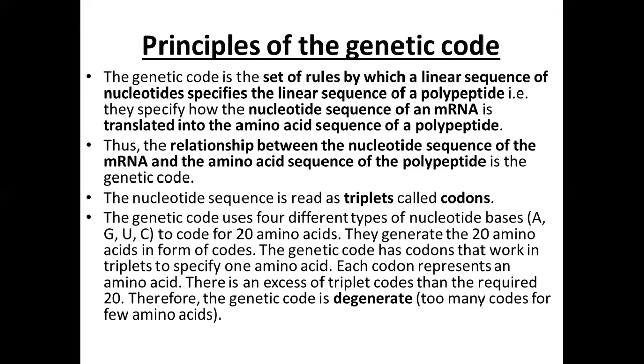So having analyzed the genetic code, and after the scientists cracked the genetic code, they realized that it had several important properties or characteristics, which we need to look at. So the first one is that it is a collection of codons, which we have already defined. So this collection of codons specify all the amino acids that are found in all the proteins.